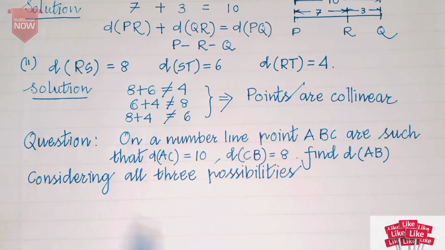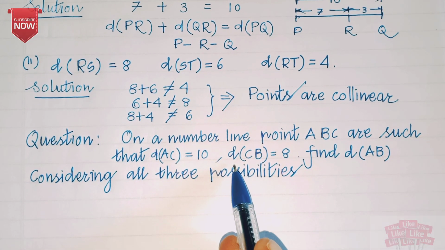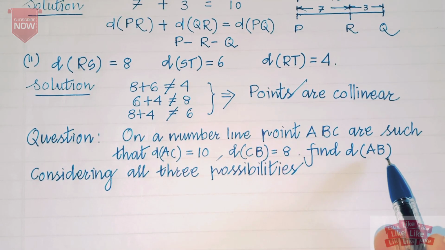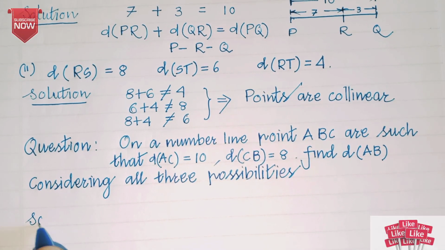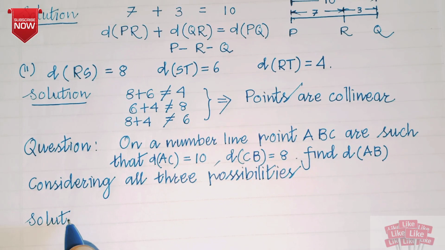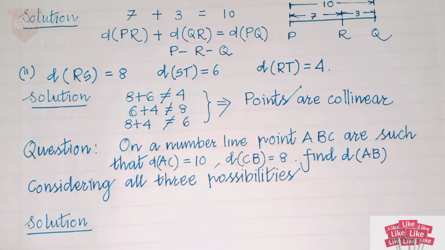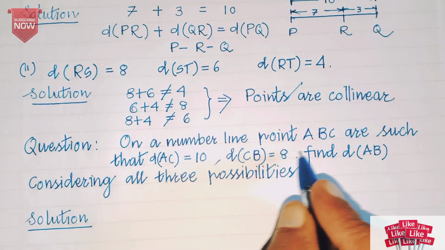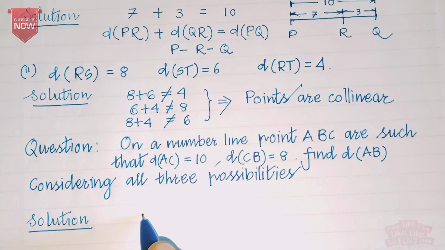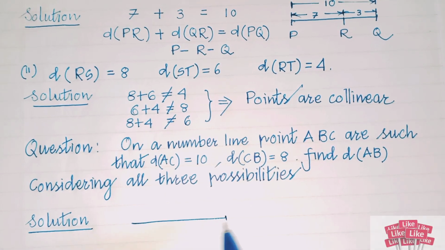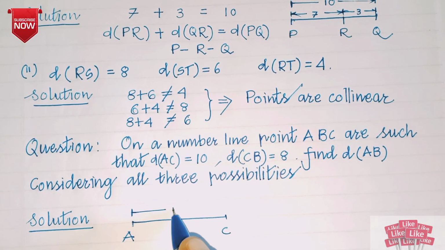Now you see here the next question. On a number line, points A, B, C are such that AC is equal to 10, CB is equal to 8, and we have to calculate the distance AB considering all three possibilities. Now you see here, distance AC is equal to 10. We are drawing here AC, it is given equal to 10 units.